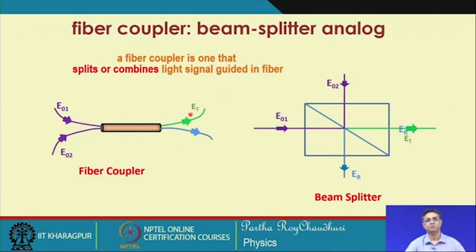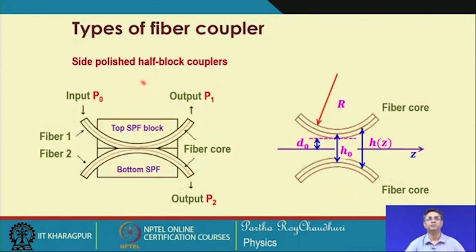Okay. Now, how does this coupling take place? There are ways to couple light from one fiber to another. One mechanism is the side polished half block coupler. In that case, you have a glass or quartz block in which you make a groove and place a fiber, and you have another such block with an almost identical fiber. This is called a half block because it constitutes half of the total system.